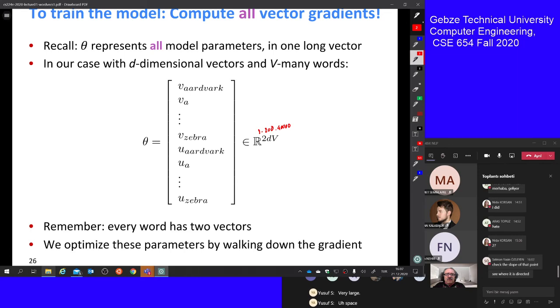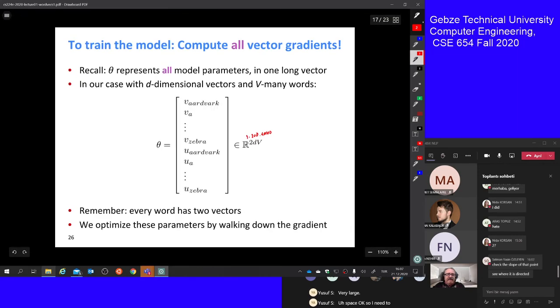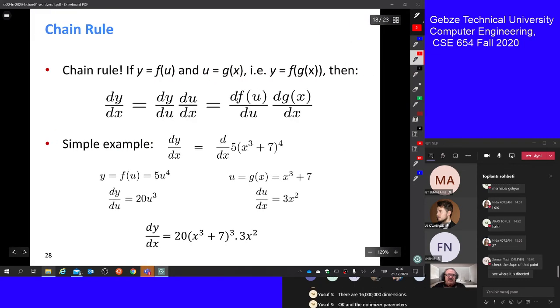So I need to take the derivative of the J value, which is the negative of the summation of logs, with respect to each of these dimensions. There are 60 million dimensions. And we optimize the parameters by walking down the gradient.